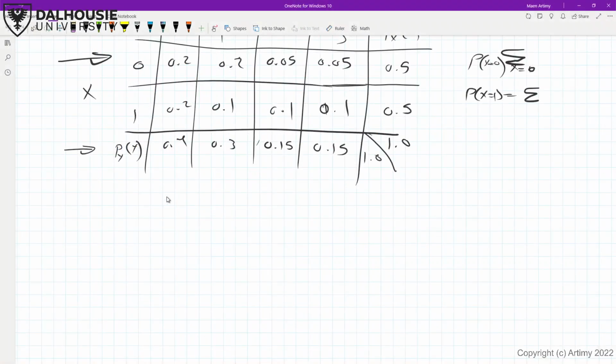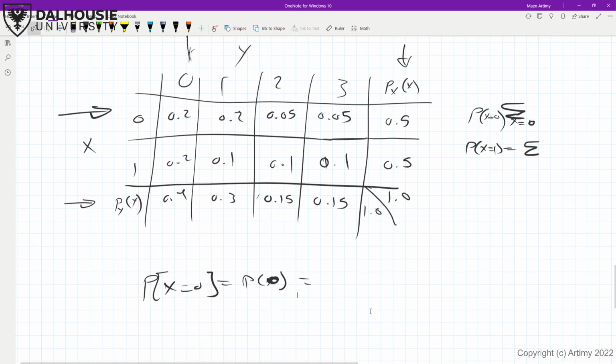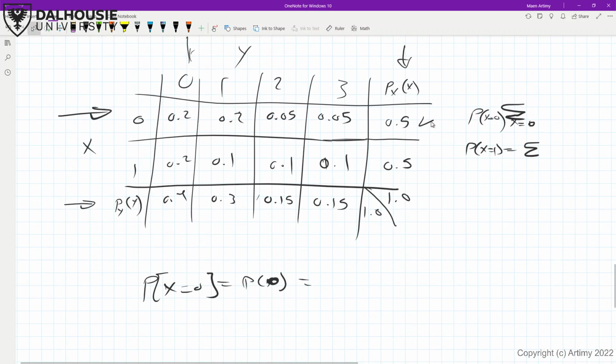So this is simply the probability of x equals 0, no errors. Where is it? Well, here it is. It's 0.5. We just found it. We couldn't have found it without finding the marginal distribution first, by the way, right?